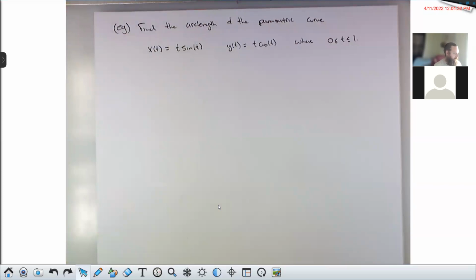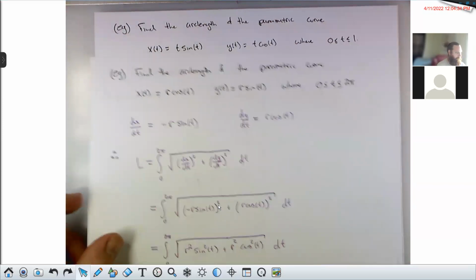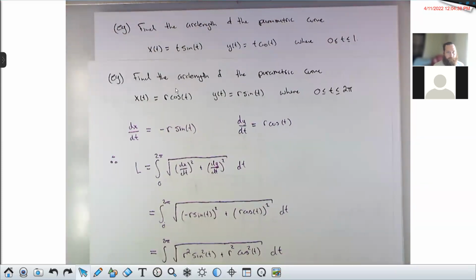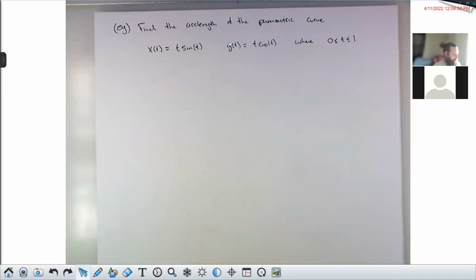So if you compare this to the previous problem, instead of an r for the radius here, we have a t. Everything else is the same, right? Well, I guess I've switched the signs and the cosines also, but if this was a constant, like a 2 sine t and 2 cos t, that would still be a circle. It would be a circle of radius 2.